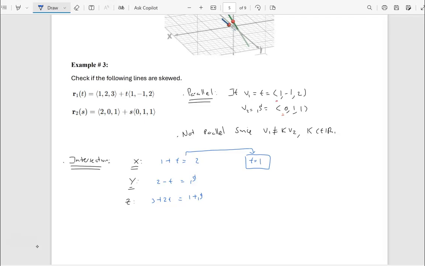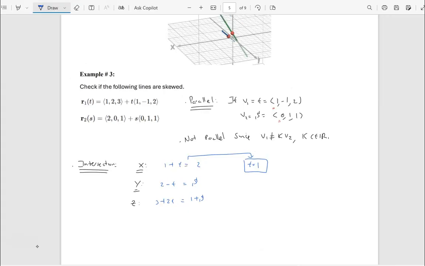And then if we plug it in for any of the equations, let's plug it in. So evaluate t is equal to 1 into the second equation. So you're going to have that s is equal to 2 minus t, or s is equal to 2 minus 1, or s is equal to 1 as well.